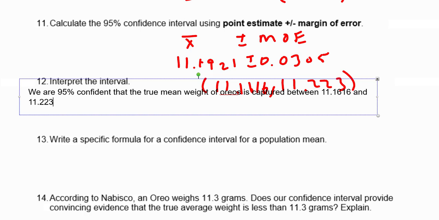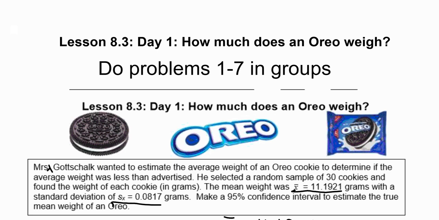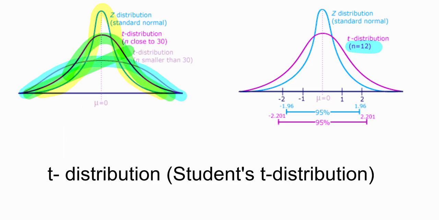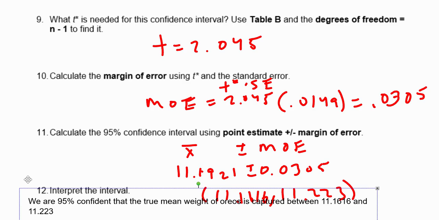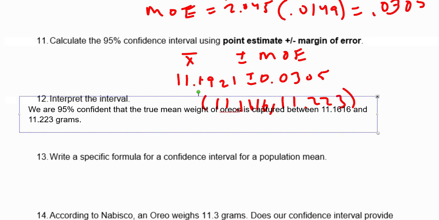And I have to go back here real quick. Is that in ounces or what is that? Grams, I'm sorry. Let me finish up. Grams. There we have it. We're 95% confident the true mean weight of Oreos is captured between 11.1616 and 11.223 grams. And that's our interpretation of the interval.